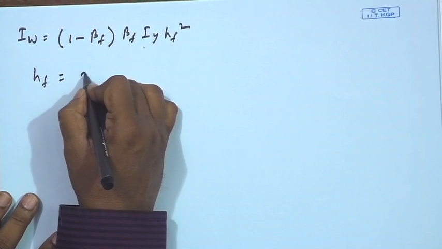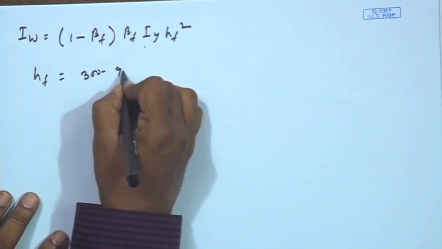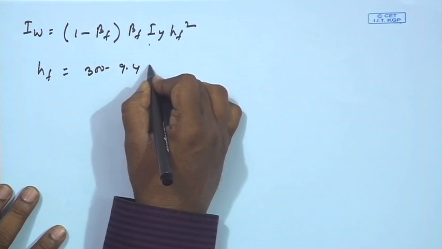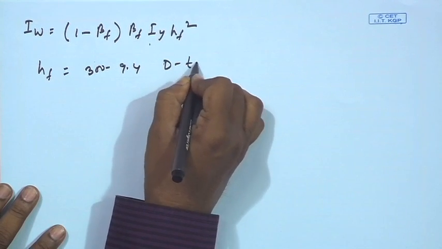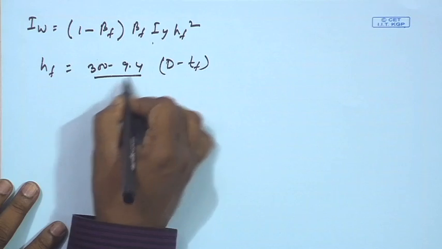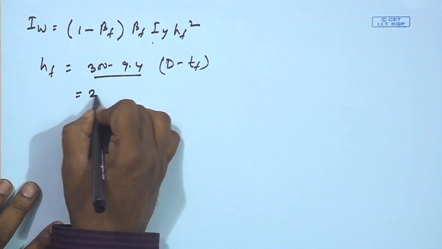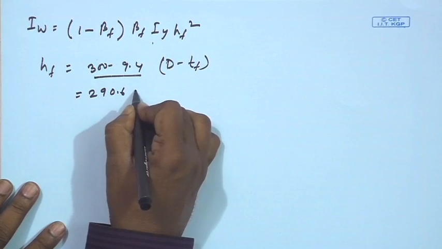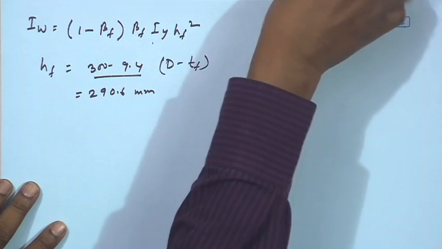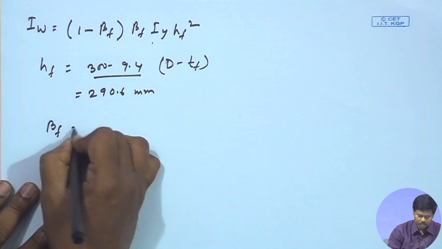So, this will become 300 minus 9.4, that is D minus TF, the center to center distance between flanges. So, this is becoming 290.6 millimeter. So, HF we can find out from this.